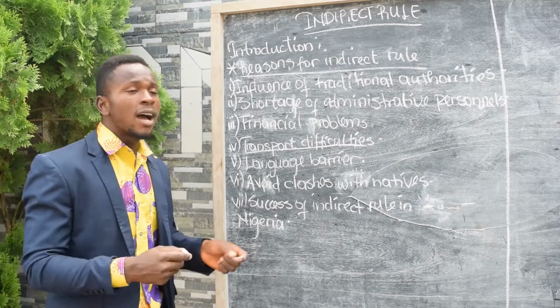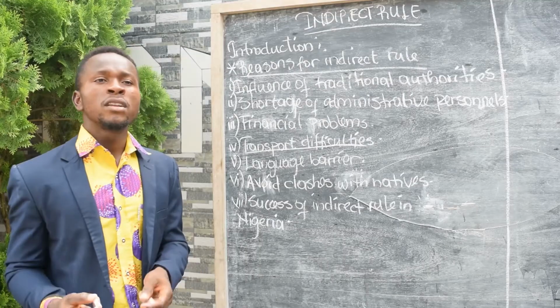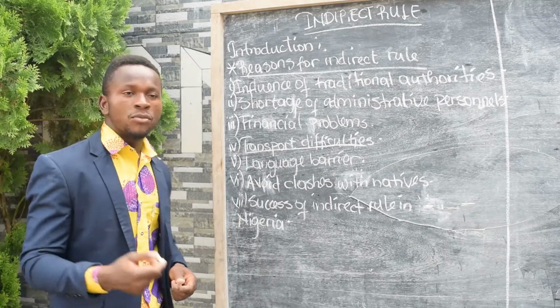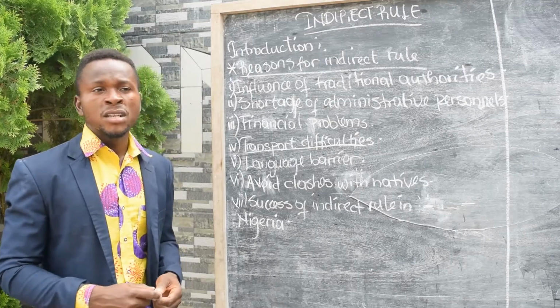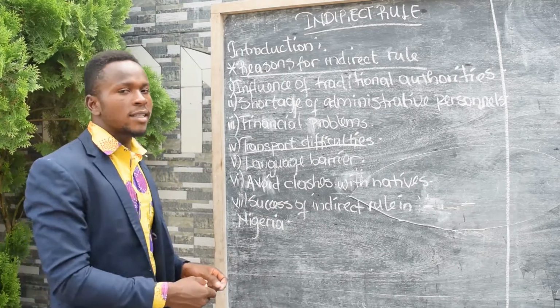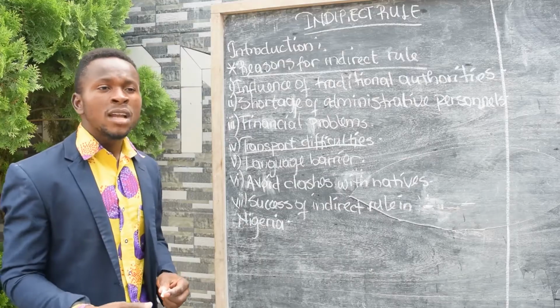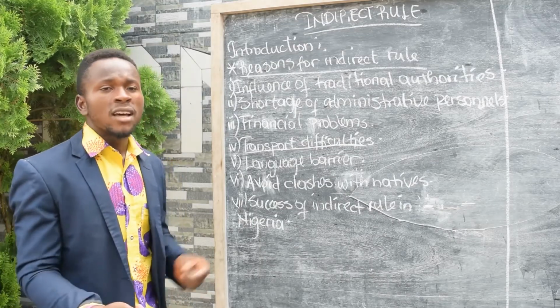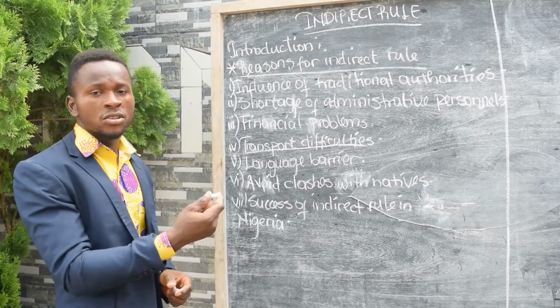So Britain could not actually come and use these languages, and some of the natives could not understand the English language. So for that reason, they could only speak with the kings and chiefs, who could then transmit the information to their subjects.